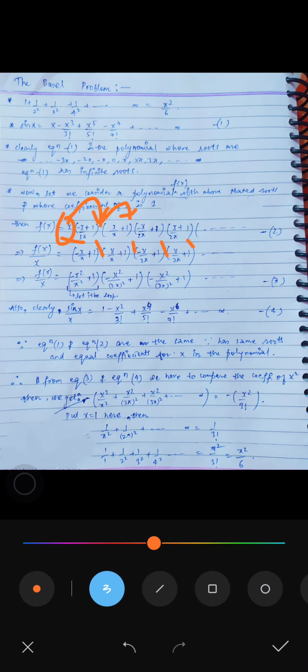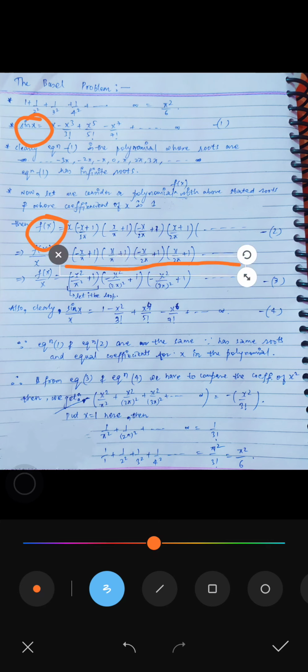Now I have shown that this equation of sin x by the Maclaurin series and this f of x are both the same. So f of x over x is this equation, and by combining these two terms, 1 plus x over pi and 1 minus x over pi, I can write it as 1 minus x square over pi square, by the simple formula x minus a into x plus a is equal to x square minus a square.